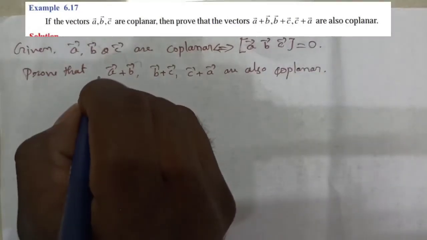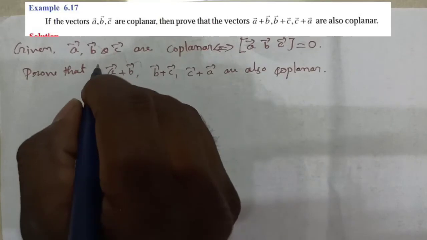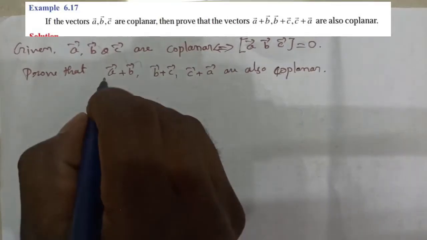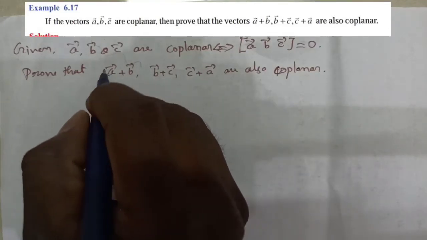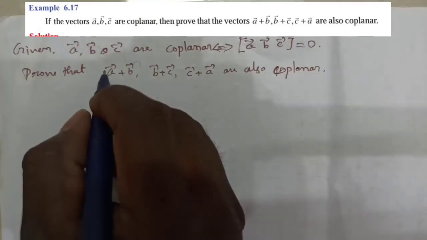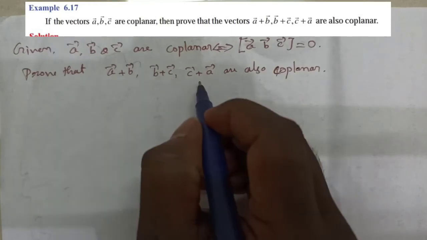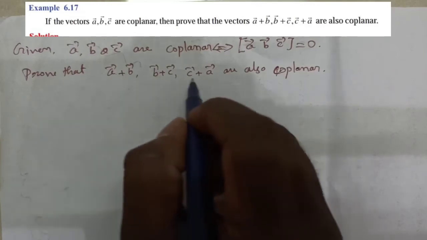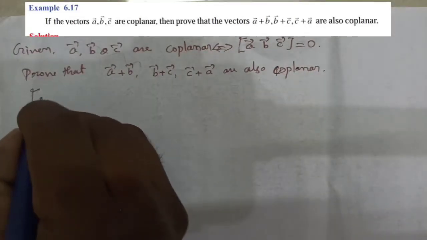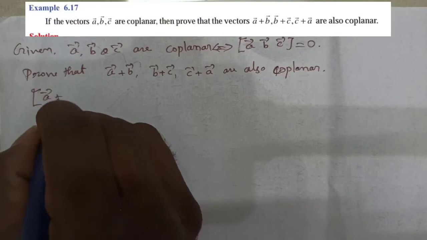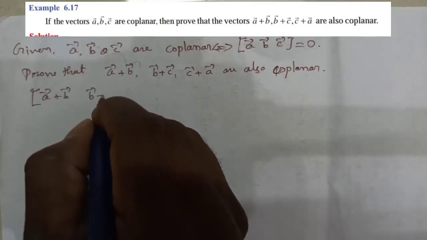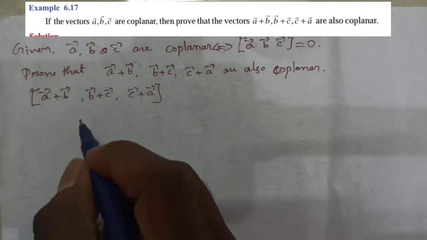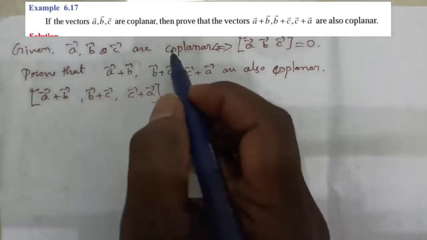To prove these three vectors are coplanar, we have to find the box product. If the box product is equal to 0, then finally we can say that these three vectors are also coplanar. So we have to find the box product of A plus B, B plus C and C plus A. A, B, C are three vectors.